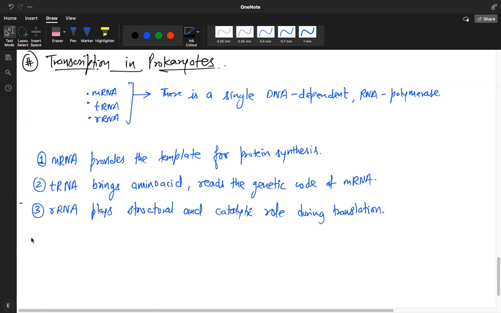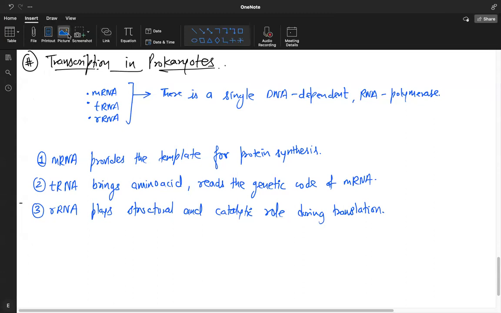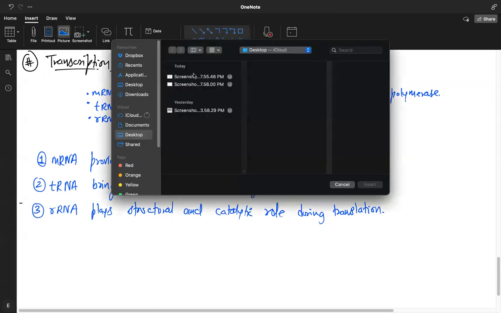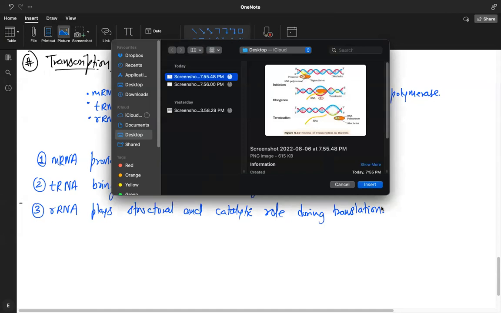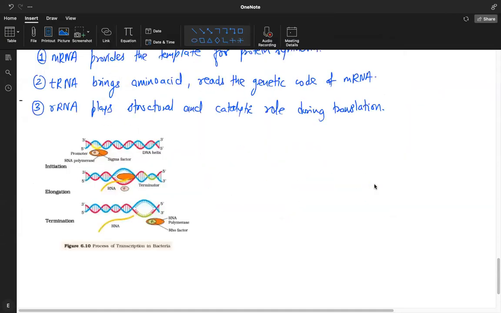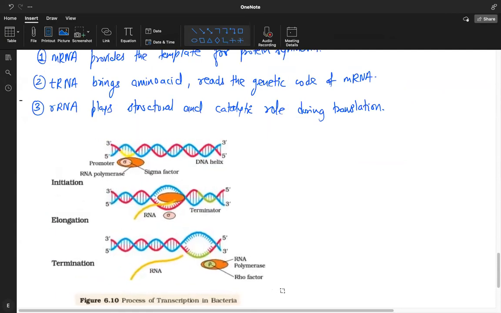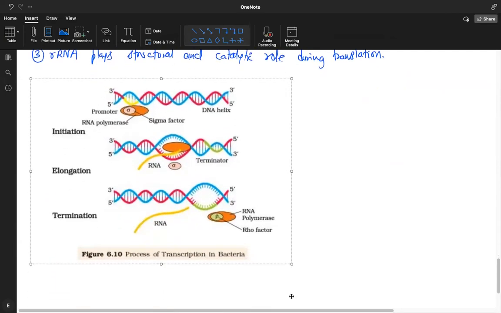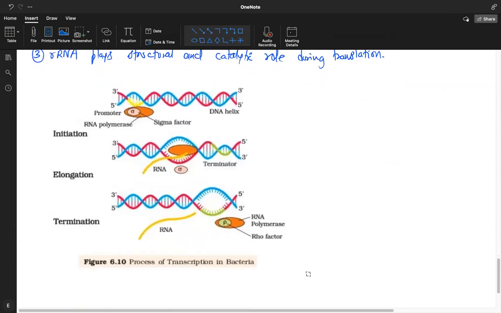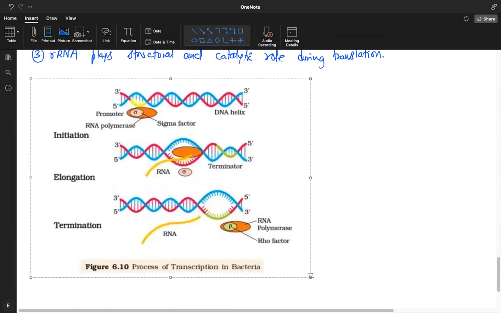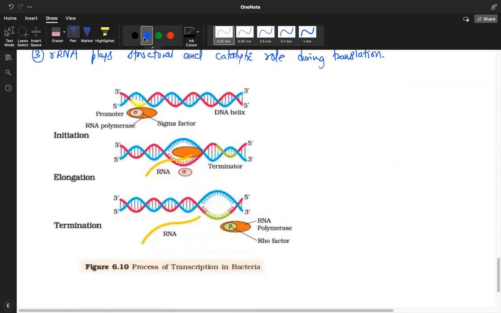Okay, so this is the figure. Let me make it a little bigger. Can you see this? Very good.